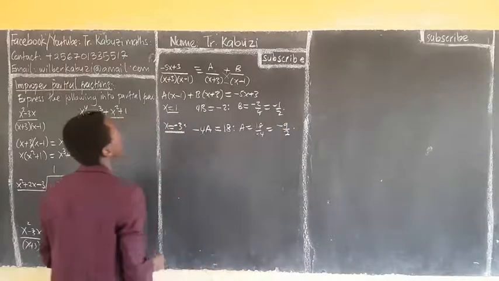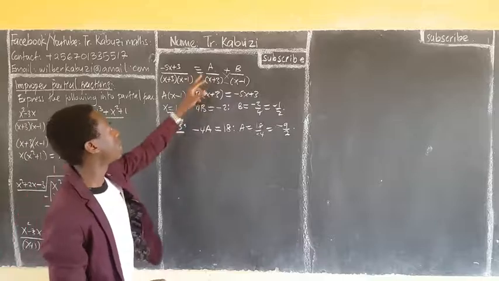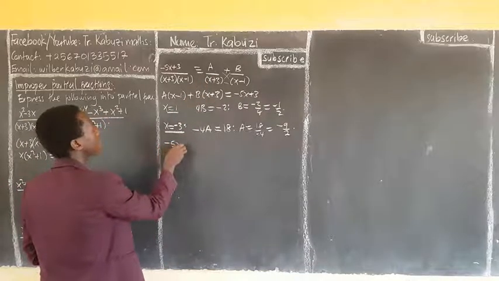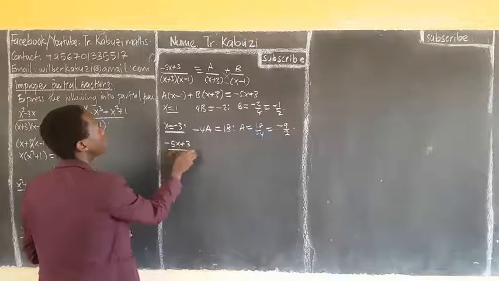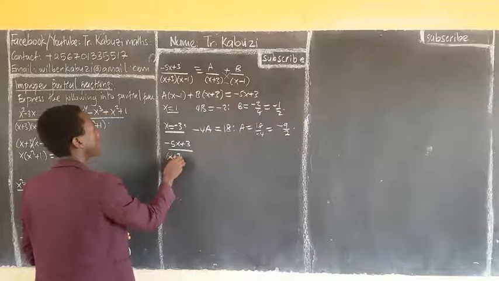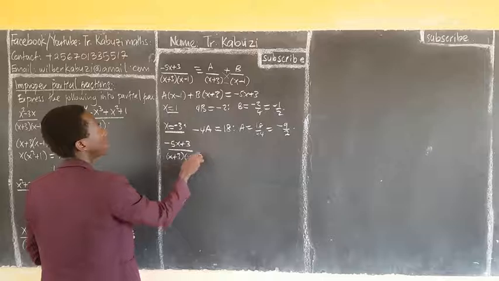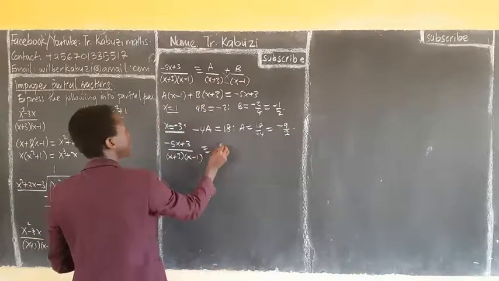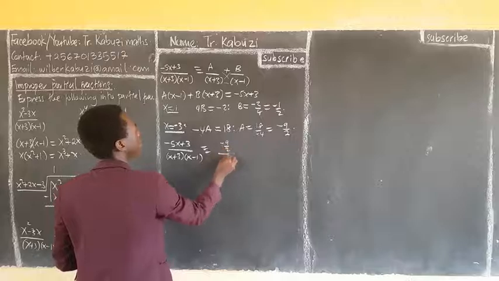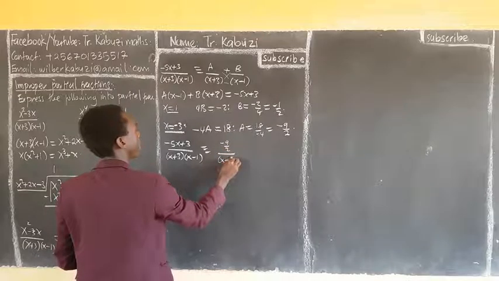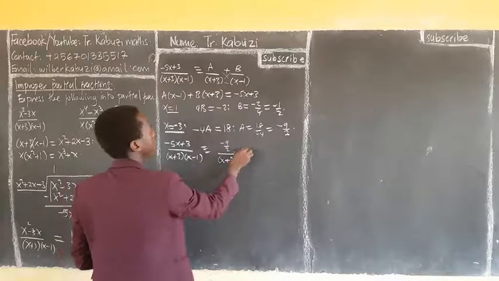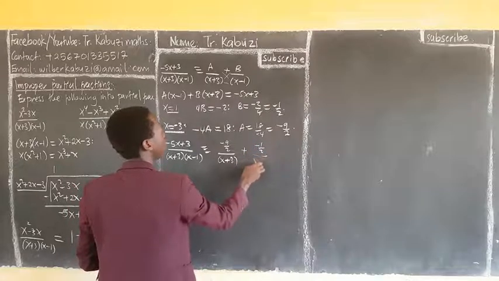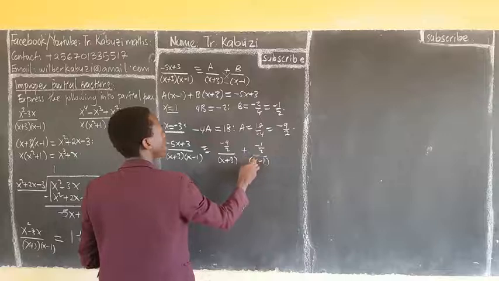So now, meaning that the whole of this, negative 5x plus 3 over the denominator, is equal to my A, which is negative 9 over 2 over x plus 3, then plus my B, which is negative 1 over 2 over x minus 1.